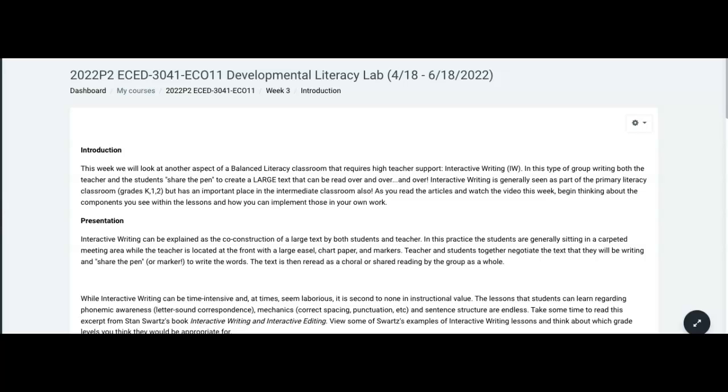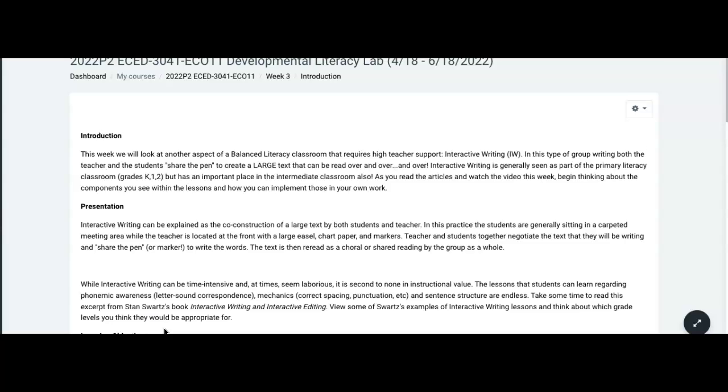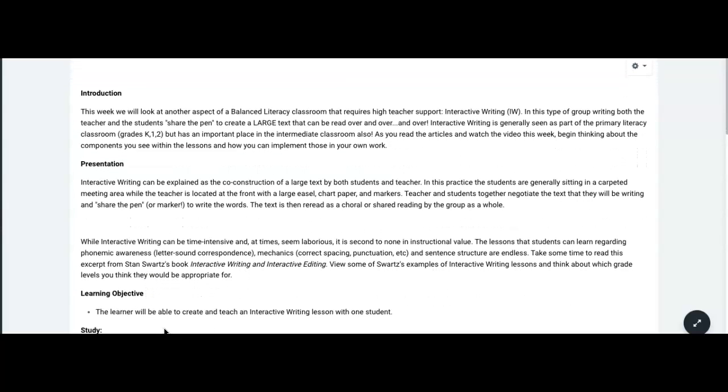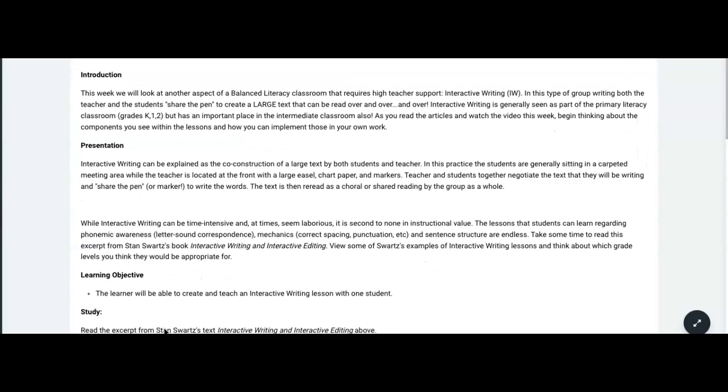Interactive writing can be explained as the co-construction of a large text. Fountas and Pinnell give us a clear description of interactive writing.